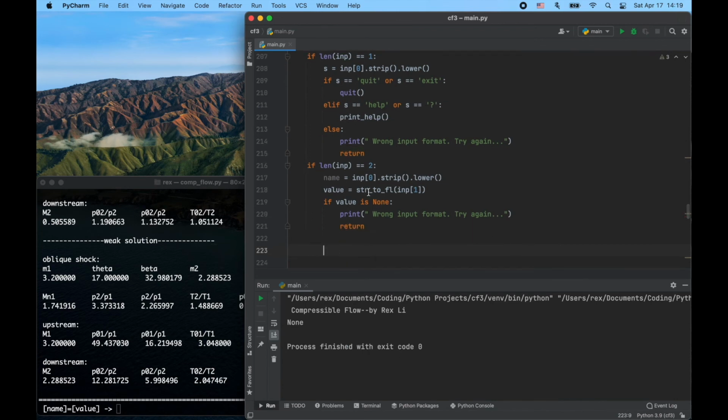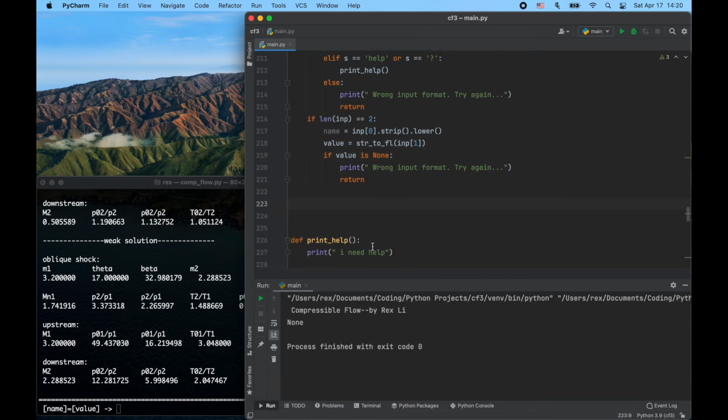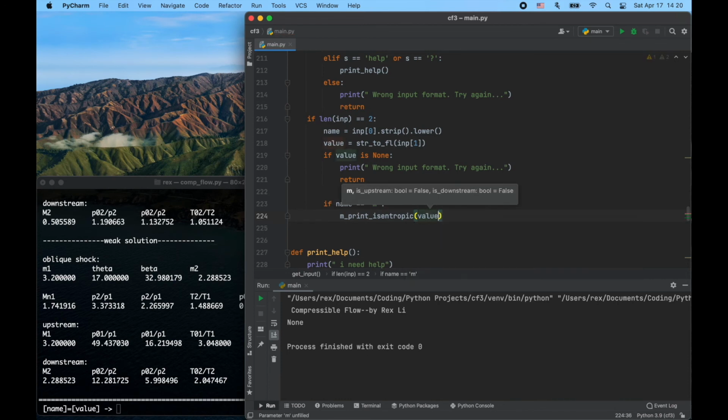So, let's start from isentropic relation. If the name is Mach number, we are going to print out the isentropic relation, and Mach number is its value. Easy, huh? Else if the name is, what else do we have for isentropic relation? It's a pressure relation.